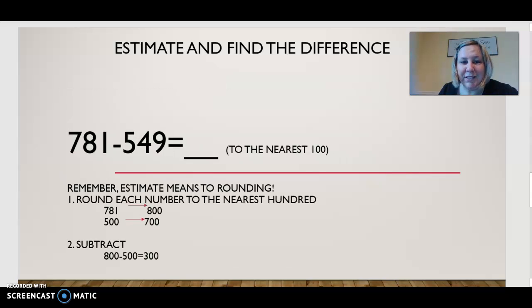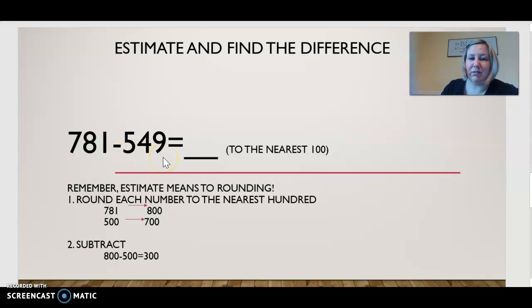Did you do what I did? 781 rounds to 800 because remember, we're rounding hundreds, so I'm deciding, is the 7 going to go up to 800, or is it going to stay the same at 700? So 781 rounds up. So it's going to go to 800. 549, 4 or less, you let that 100 rest.